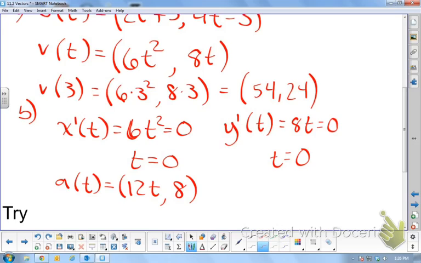Plugging in 12 times 0, we get the acceleration vector of 0, comma 8. Which means in the y direction, our particle is always accelerating because it didn't have a time value to plug in. No matter what the time is, our particle is always accelerating.